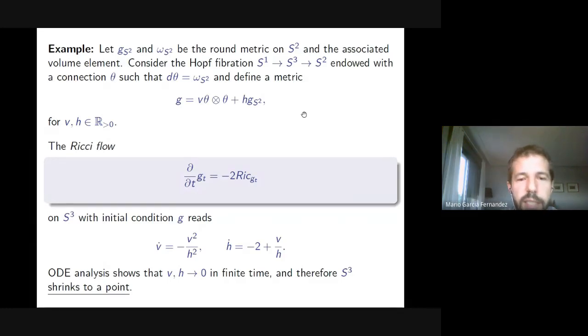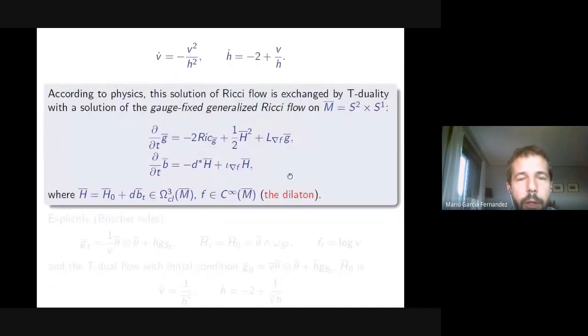Okay, so what physicists tell us about this simple example of Ricci flow is that there is another flow on a different manifold with different topology, which is kind of paired to this one. So what they say is that this solution of Ricci flow is exchanged via T-duality with a solution of the gauge-fixed generalized Ricci flow on S2 cross S1. And these are the equations for this gauge-fixed generalized Ricci flow.